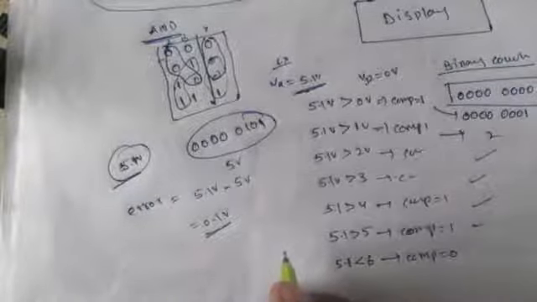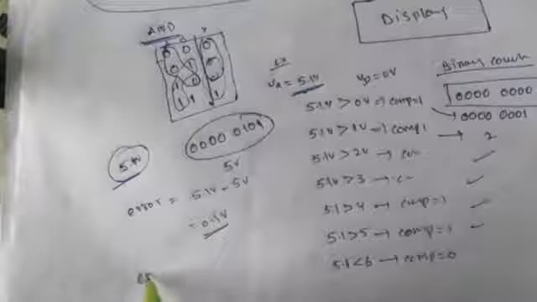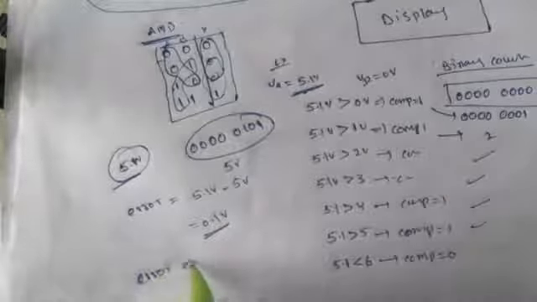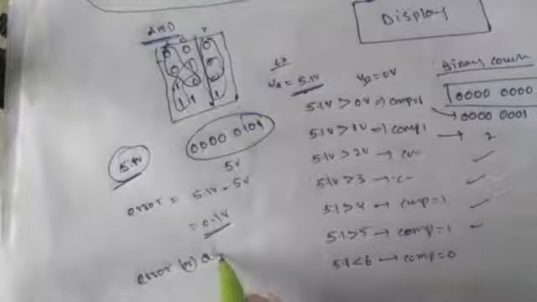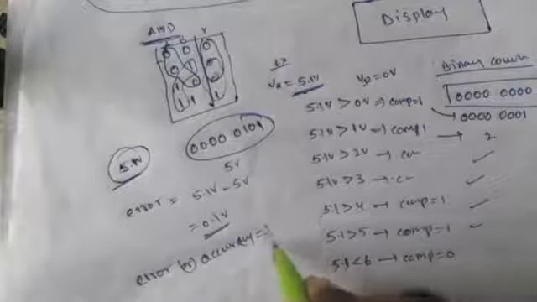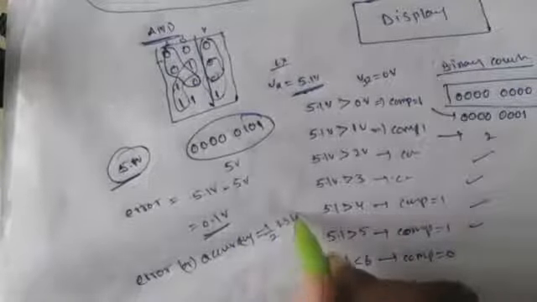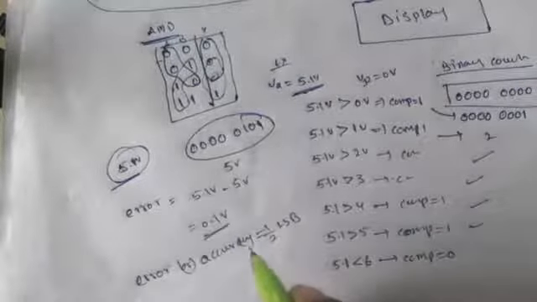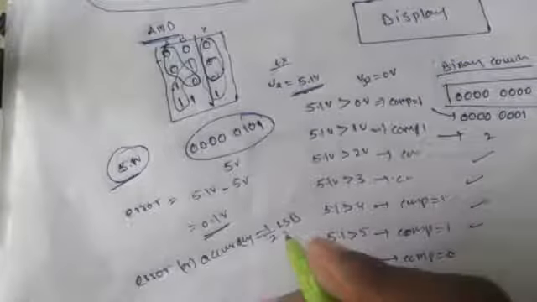The quantization error or accuracy is defined as plus or minus half LSB.